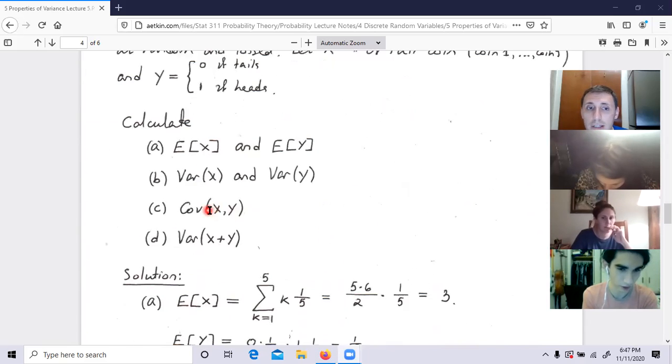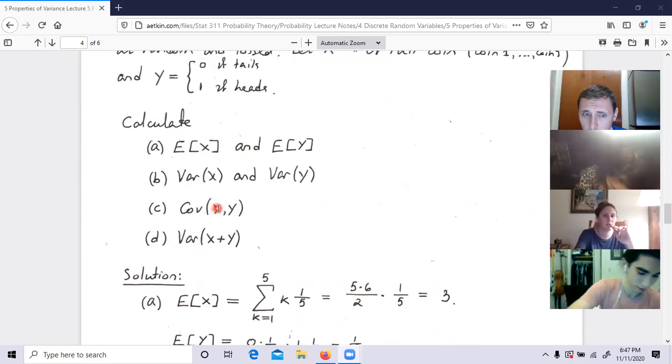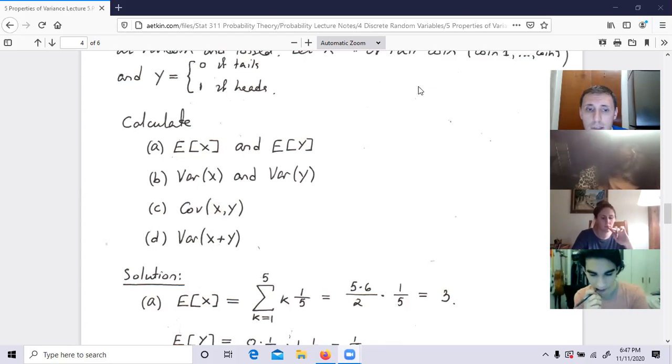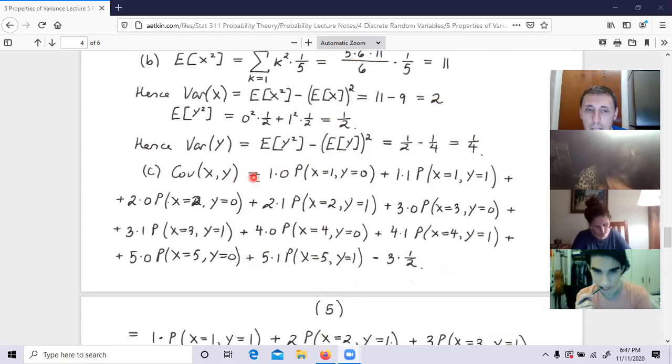Covariance between x and y. Covariance roughly represents correlation. You see how the result on X would affect the result on Y? Exactly. So the actual calculation, if I carried it out, it's 0.